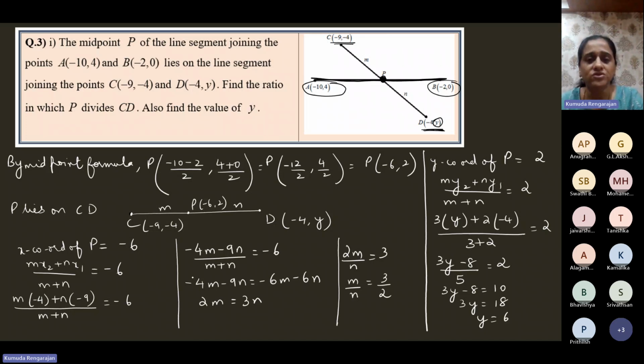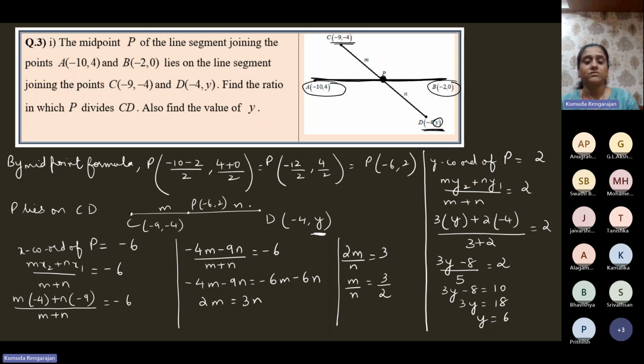The point of division is P and its x coordinate is -6, its y coordinate is 2. Using -6 or 2, you can find the ratio. But here using 2, you cannot find the ratio because you do not know the y coordinate here, right?